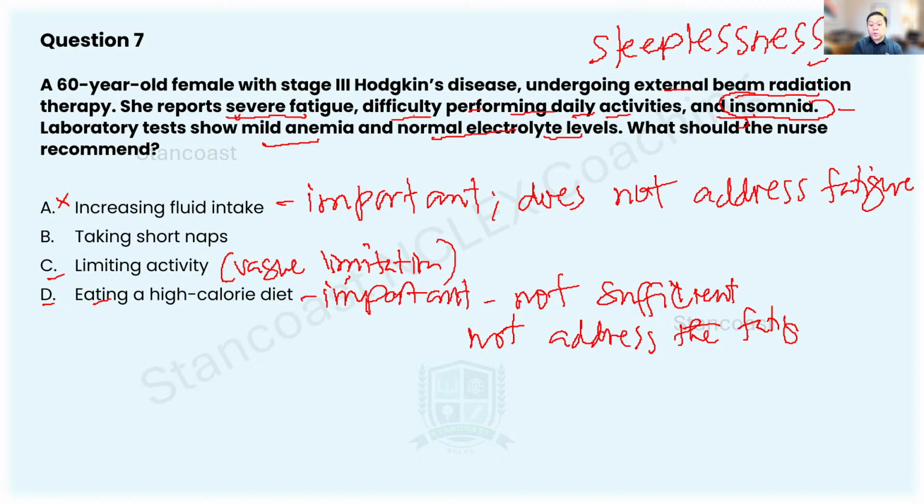Okay, but take note of the scenario. The patient already has insomnia, severe fatigue, difficulty performing activities. So we don't have any better option here other than taking short naps. Those power naps are actually going to be helpful for our patient in the radiation treatment and also in chemotherapy, guys. This is very important.